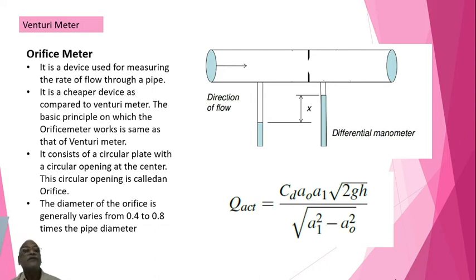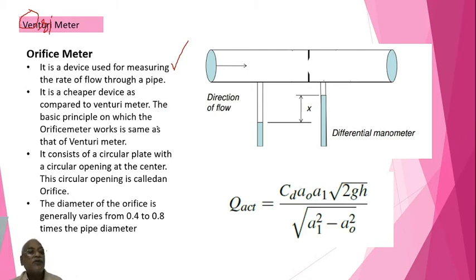Orifice meter. Yeah, this is the orifice meter. Now what is it? It is a device used for measuring the rate of flow through a pipe, means exactly the same application as the Venturimeter. It is a cheaper device as compared to the Venturimeter.